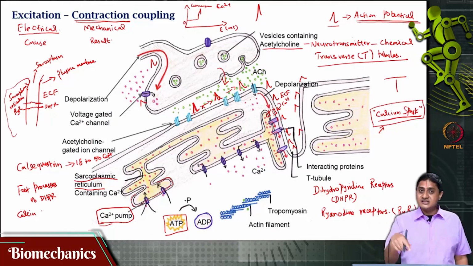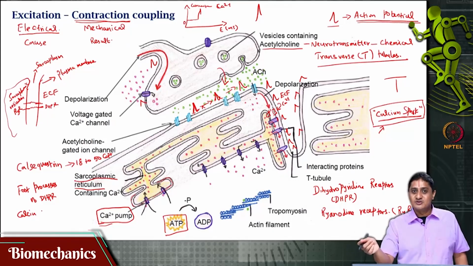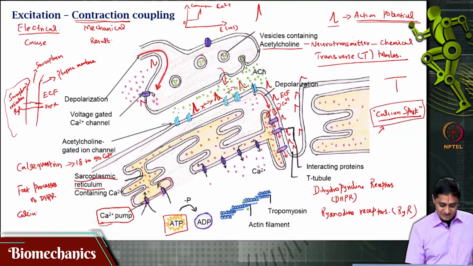The reason why it releases a lot of calcium is because it detected the presence of calcium just outside the sarcoplasmic reticulum. So, it releases calcium from the inside. So, this situation is called calcium induced calcium release, or rather CICR.